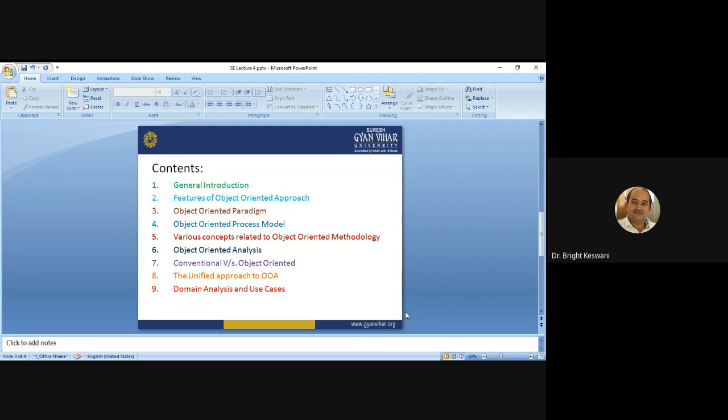Object oriented analysis is the very first activity performed as part of object oriented software engineering. Software engineering suggests that if you want to make quality software, you should always perform object oriented analysis.